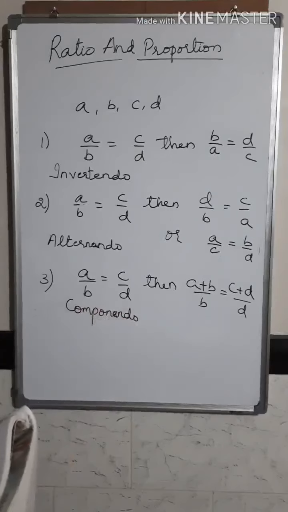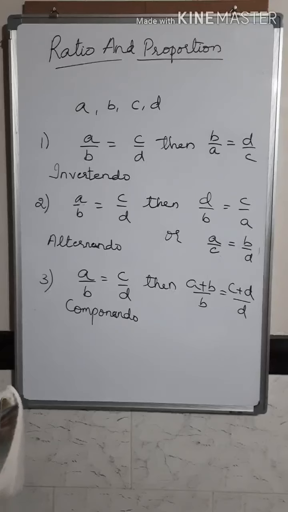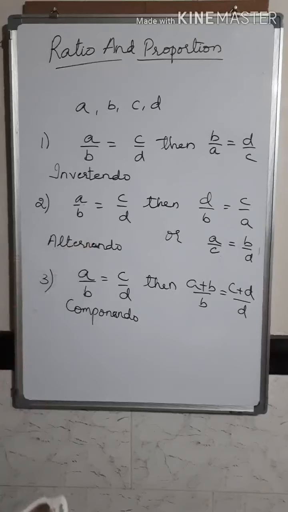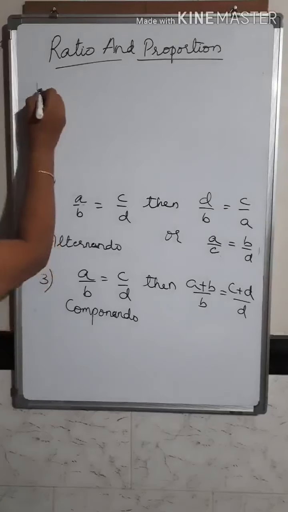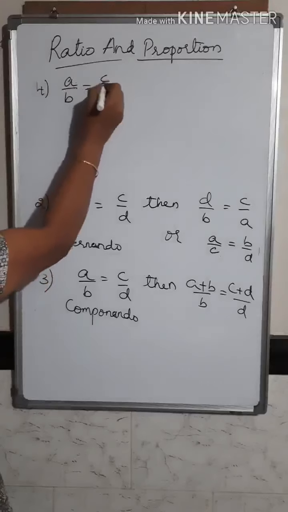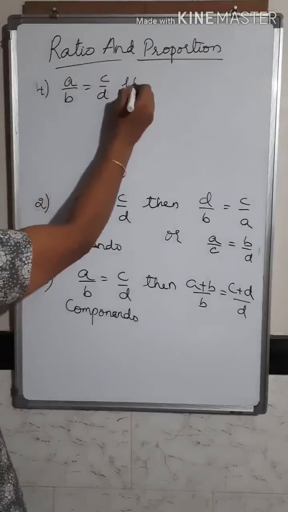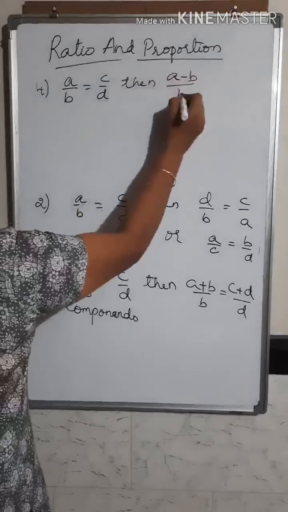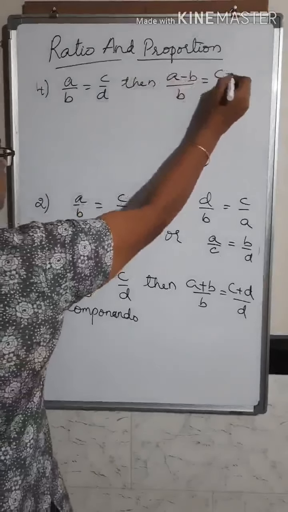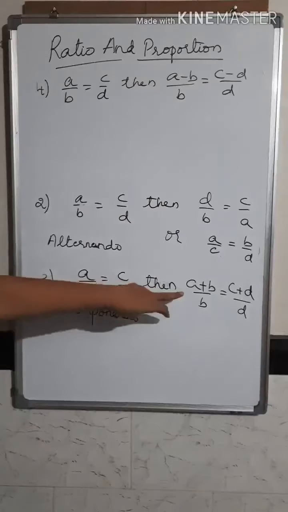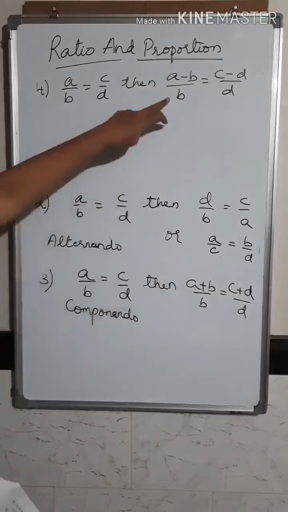Now next you have the property of dividendo. In componendo you have done addition. In dividendo, you have to do subtraction. So the fourth property states that suppose you have A upon B is equal to C upon D, then you get A minus B upon B is equal to C minus D upon D. Here you have done the addition and here you have to do the subtraction.